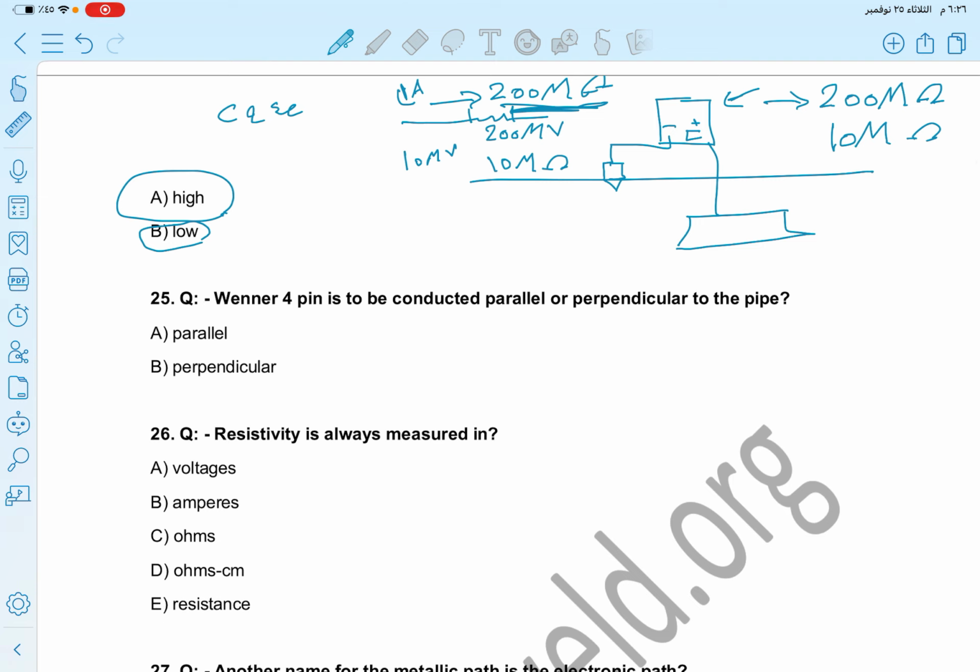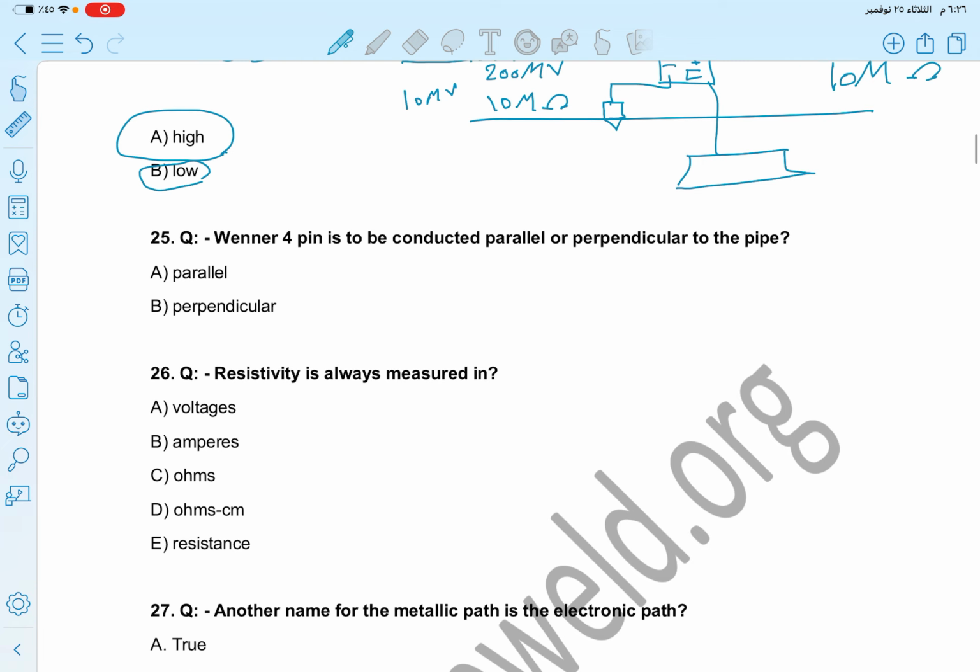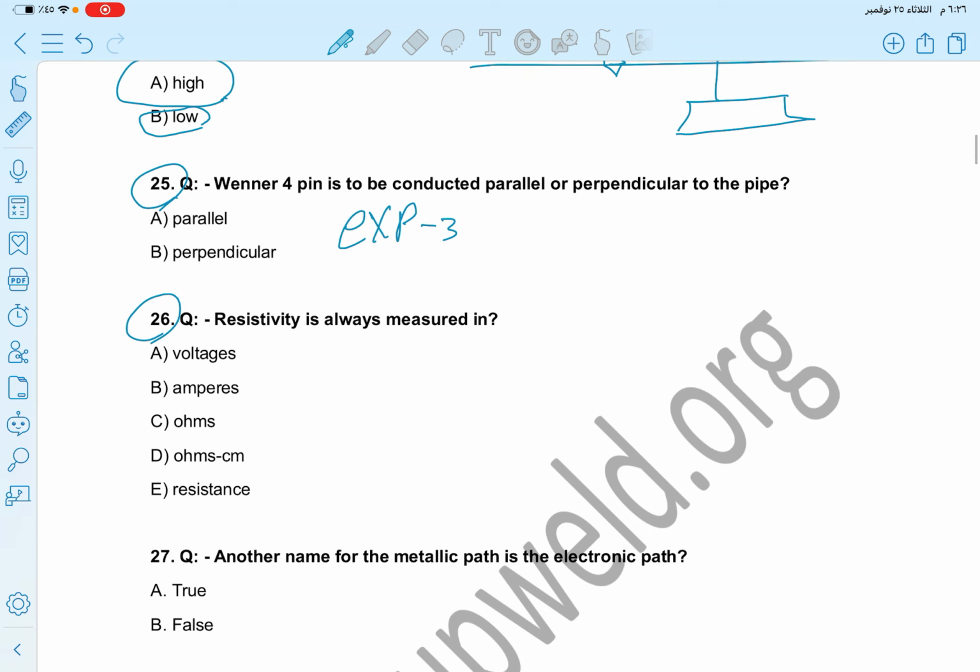The Wenner pin is to be conducted parallel or perpendicular to the pipe. I already solved it in experiment number 3, I think. This one also, the resistivity is always measured, and I already mentioned it in experiment number 3.